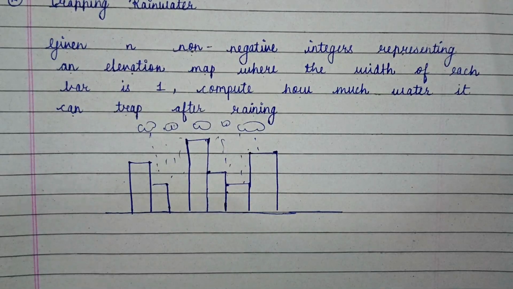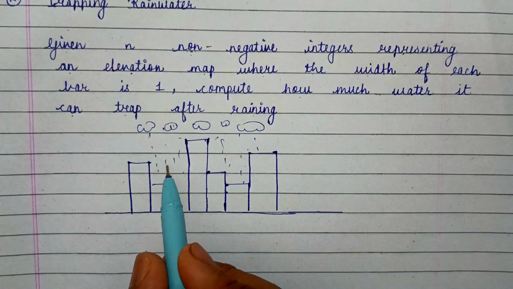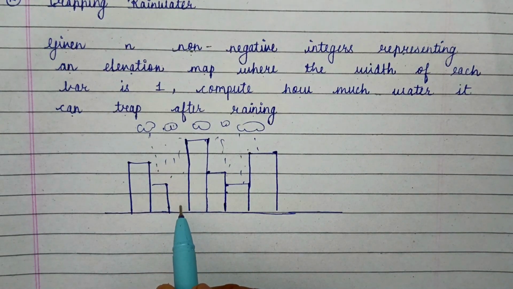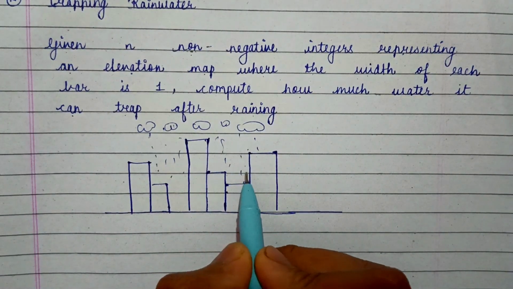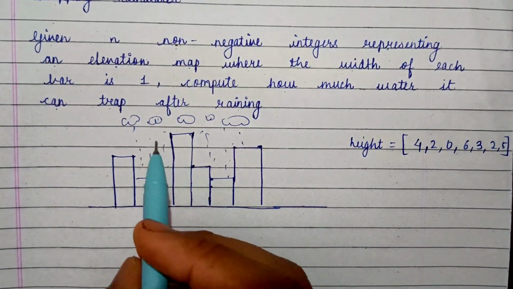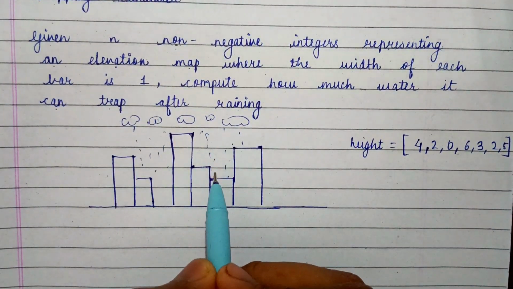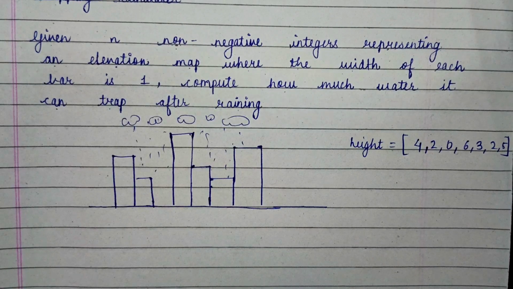After raining, how much water gets filled, or how much water will the bars trap? The water will trap in this area or in this one also. So after raining we have to find how much volume of water will be trapped in between the bars.